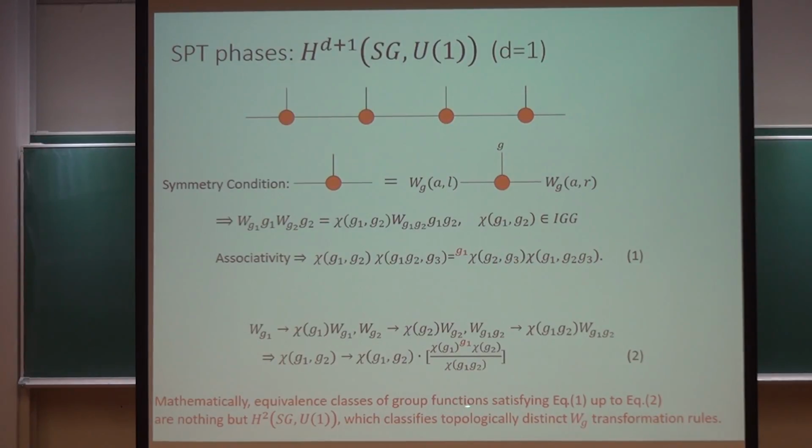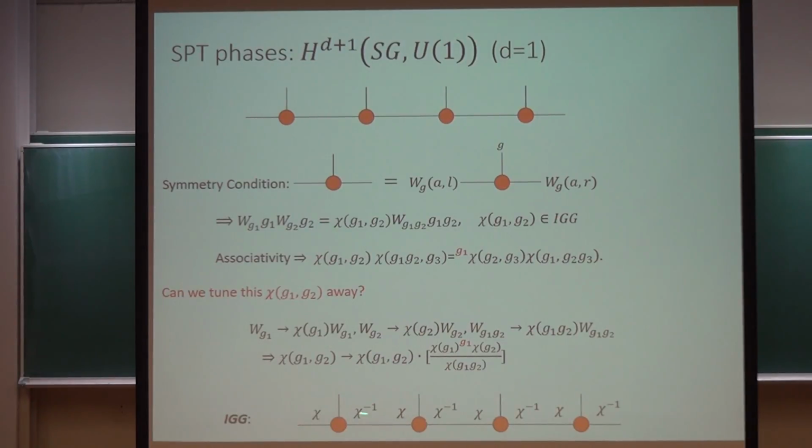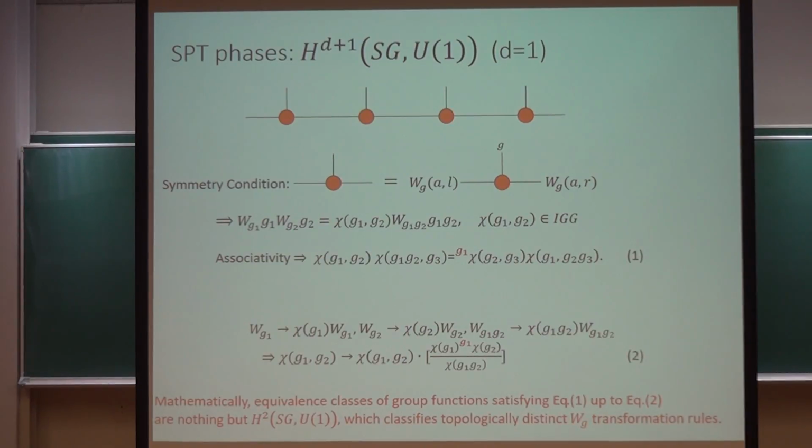So the equivalence classes of these group functions are exactly this H2. The point is obvious: if you do translation, chi goes to chi, but if you do mirror, chi goes to chi inverse. So in this formulation it's obvious. This is exactly the algebraic structure of group cohomology. The symmetry group can be taken as a full symmetry group. So this is the one-dimensional case.